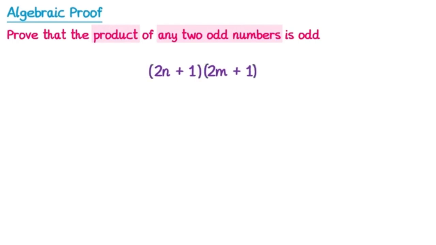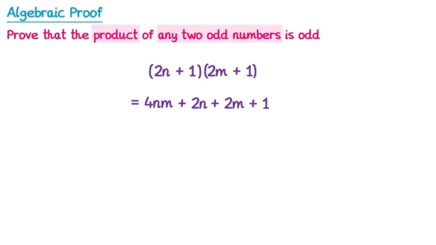So if we expand out these brackets, we've got 2n times 2m, which is 4nm, 2n times 1, which is 2n, and 1 times 2m, which is 2m, and 1 times 1, which is 1. So we're trying to show that this one is odd. To show something's odd, remember, we show it's one more than an even.